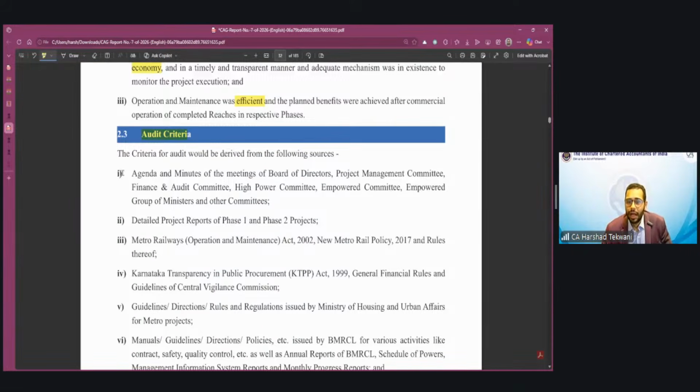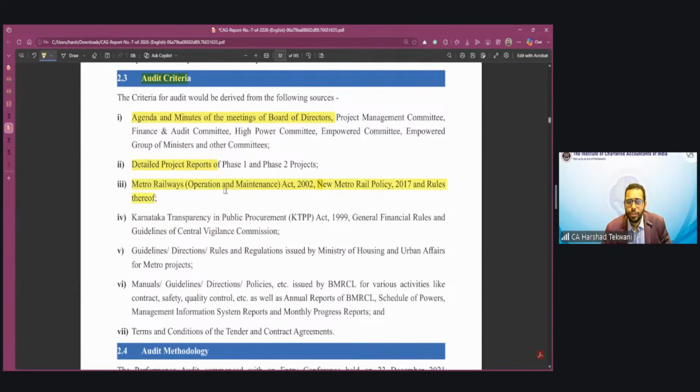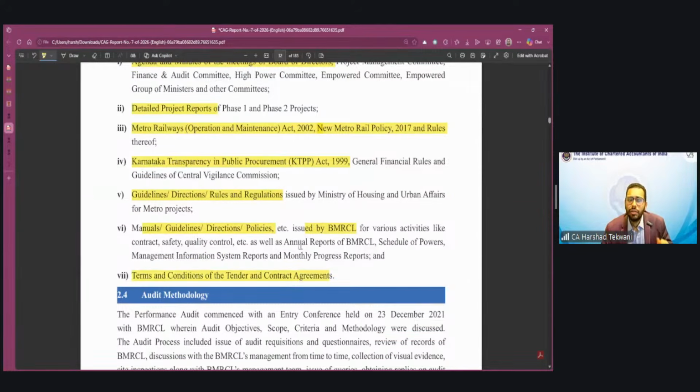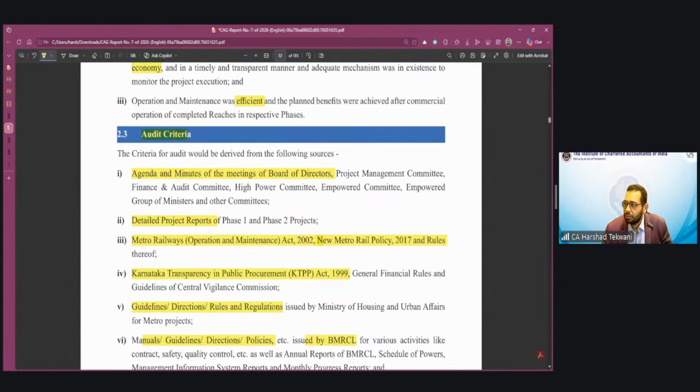The agenda, minutes, meetings of the board of directors, detailed project reports, the Metro Railway Act and Metro Railway policy, rules, the Karnataka Transparency in Public Procurement Act, guidelines, directions, rules, regulations, manuals, and policy issued by BMRCL. A lot of things are there. Terms and conditions of the contract. This is the subject matter criteria and subject matter information.